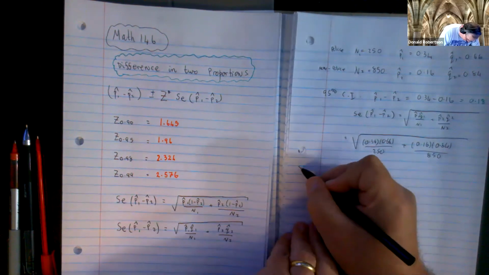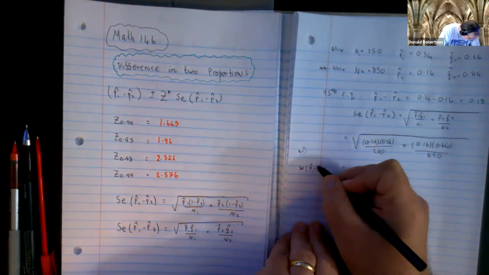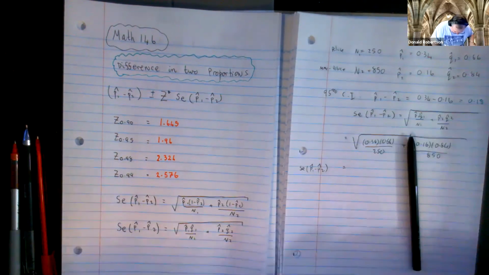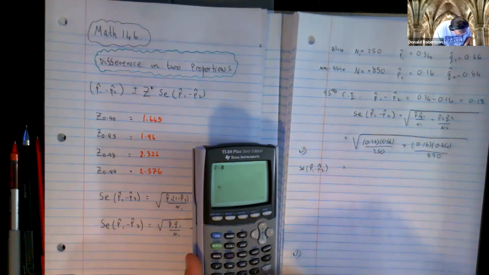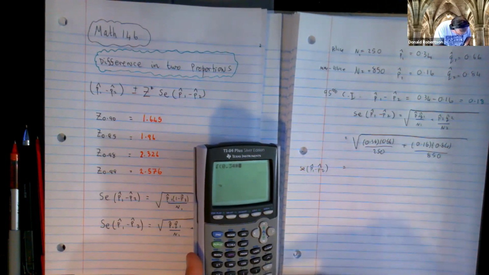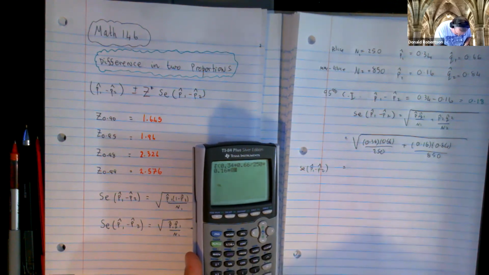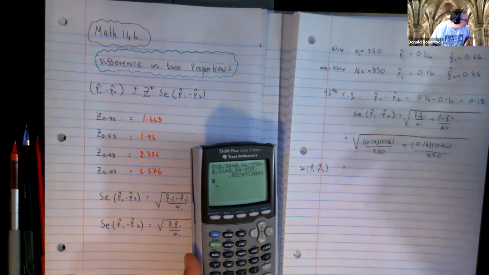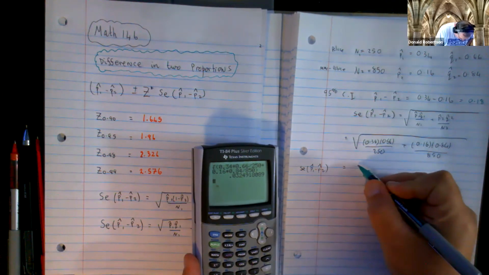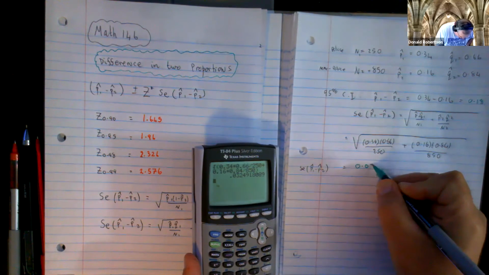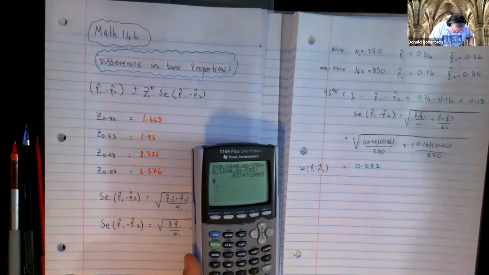And so I now have that, and it goes: square root of 0.34 times 0.66 divided by 250, add 0.16 times 0.84 divided by 850. And do they mention any accuracy here? 3 decimal places, okay. So the answer is going to be 0.032 to 3 decimal places.